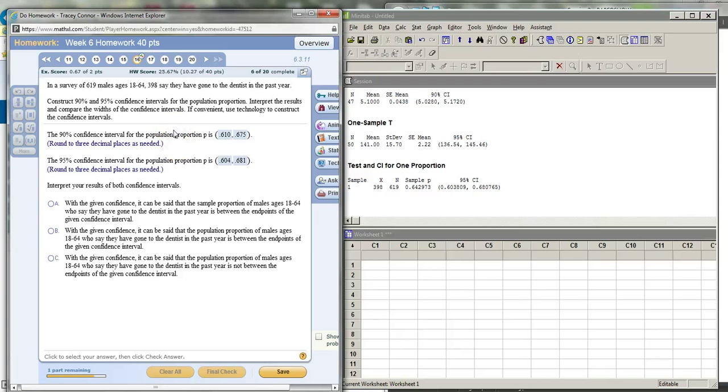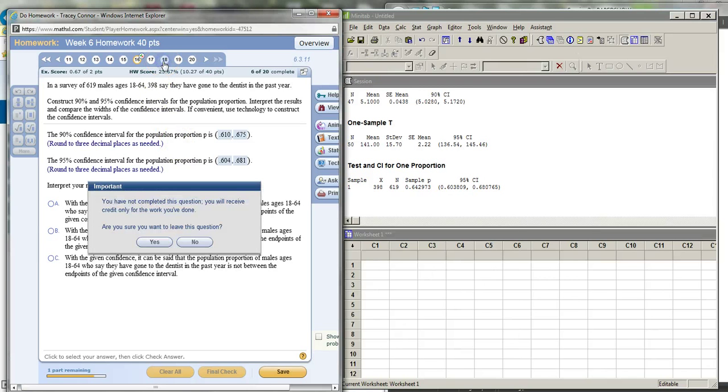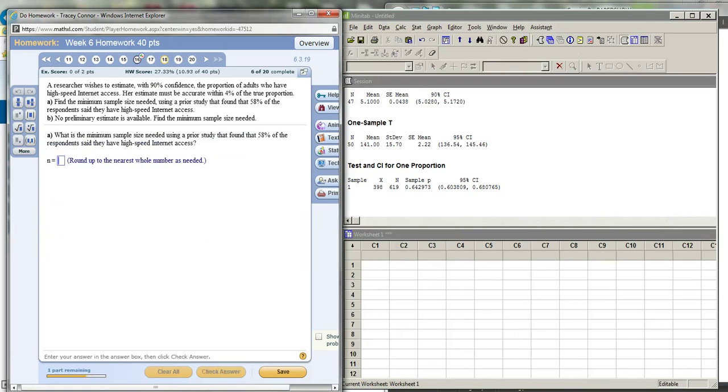And then the last thing I wanted to look at was determining sample size for these kind of problems. So it talks about the minimum sample size needed if you have a prior study and if no estimate is available. So usually if you're going to conduct a study, you don't have an estimate, so you're just going to get the highest sample size to be safe.